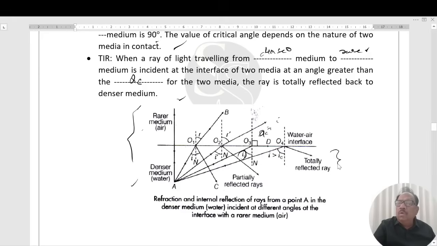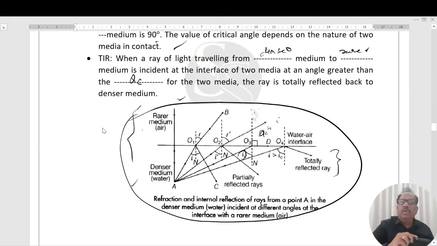That is called total internal reflection. This is all about TIR.